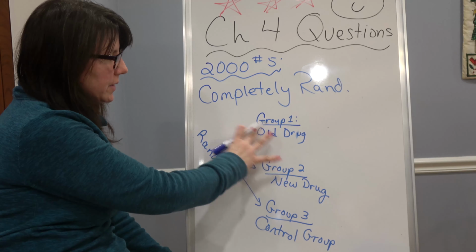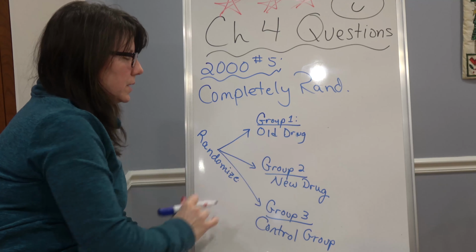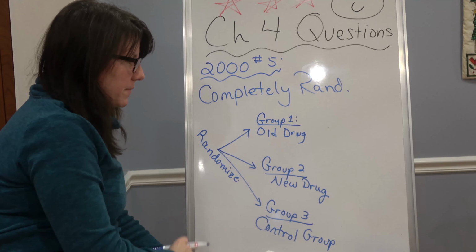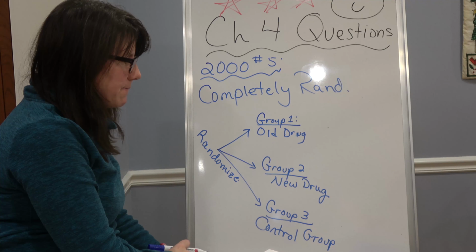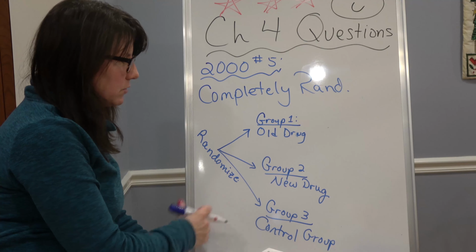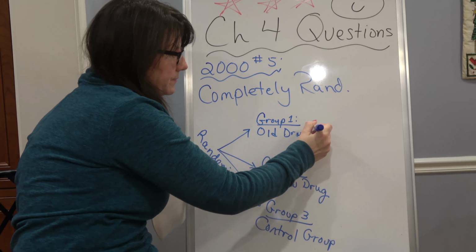And so it's completely randomized, you're not blocking at all. And so you would want to then, from that point, say what you're going to do to them, right? So you're going to give them this particular drug, and what are you going to measure and compare.